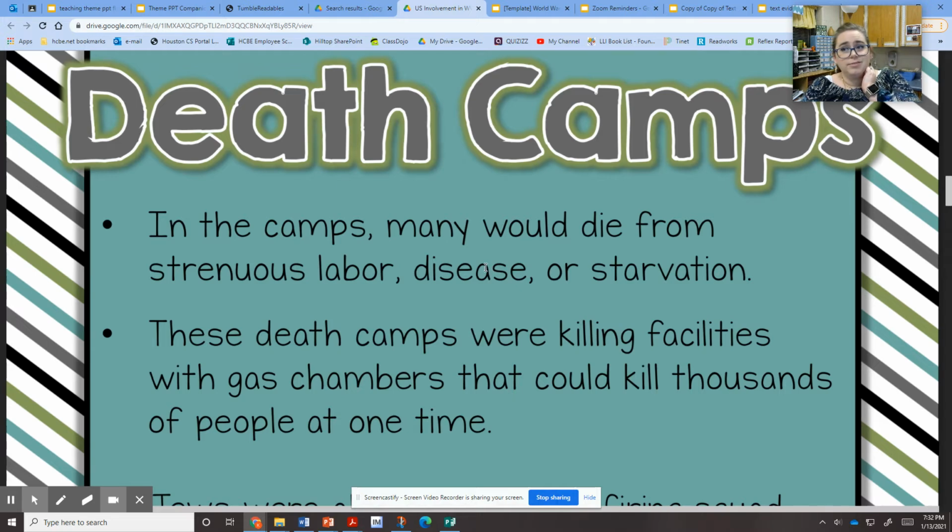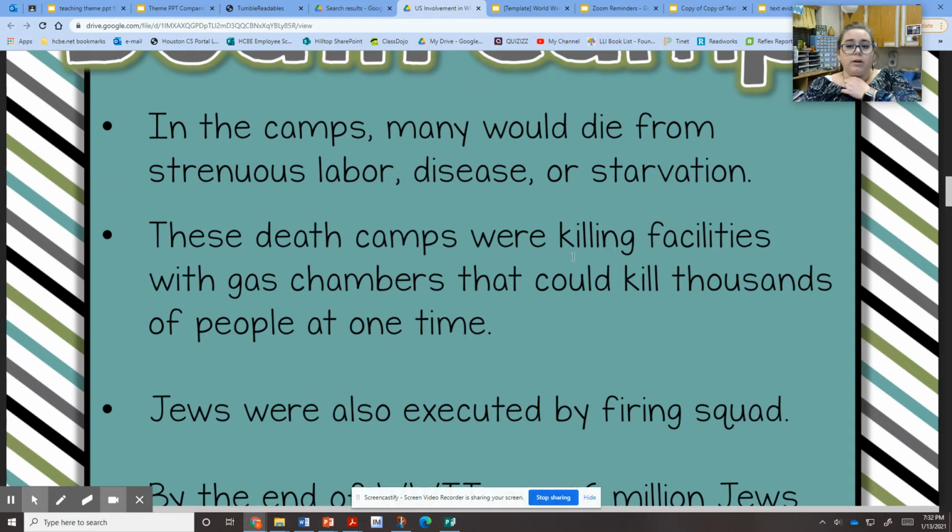They didn't treat them like humans. These death camps were killing facilities with gas chambers that could kill thousands of people at one time. So they would get a bunch of people in a big room, a bunch of the Jews, and they would put them in there. They would shut the door, and they would put gas into the chamber and kill the thousands of people who were in there at one time.